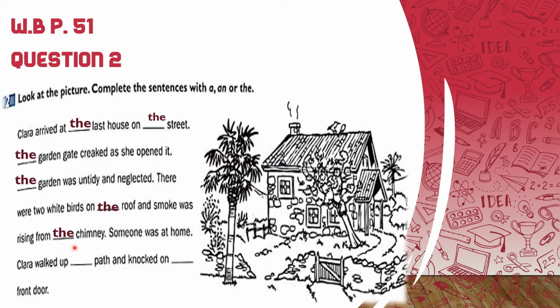Clara walked up the path and knocked on the front door. So here we have to put the article the because we are talking about specific things. We know what we are talking about: the garden, this house, and what is in it.